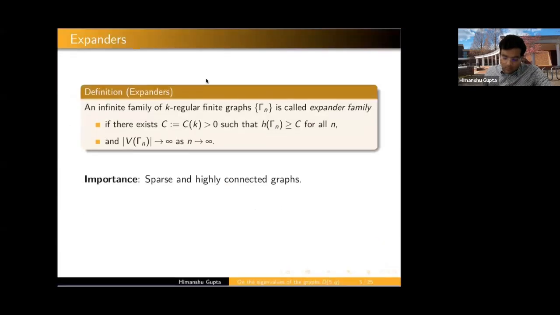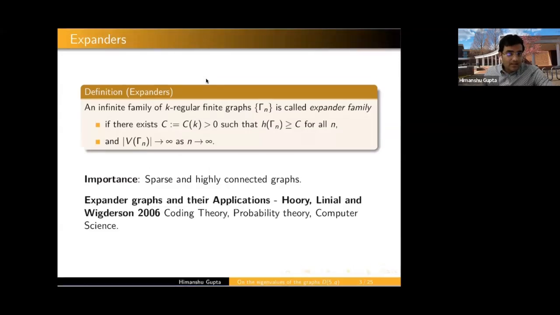And why are we interested in expanders? Because these are graphs which are sparse and highly connected at the same time. In applications, we desire our graphs to be highly connected, but edges cost us in whatever way, so we would like them to be sparse so that it's economically good. Okay, so that's why they are important.